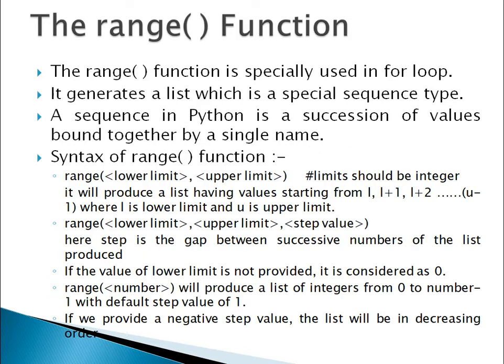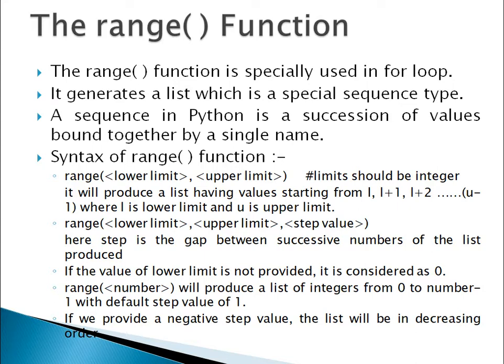Before moving towards the loops, first we will have to check the function called range. This function will be used with for loop. The range function is specially used in for loop. It generates a list, which is a special sequence type. You have studied a bit about lists when we discussed data types in Python.